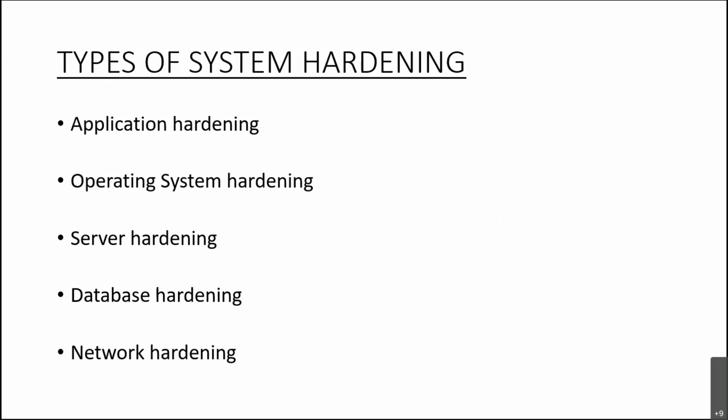Similarly, it comes to the operating system. As far as Windows is concerned, Patch Tuesday is a very common term, where the operating system is patched for the vulnerabilities or issues noticed by Windows, and the relevant patches are released on the second Tuesday of every month, so that they are applied onto the system and it is hardened. It is equally important to harden the servers also, because most of our data resides there.